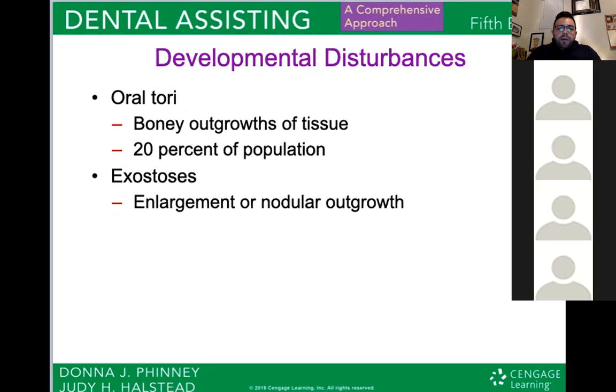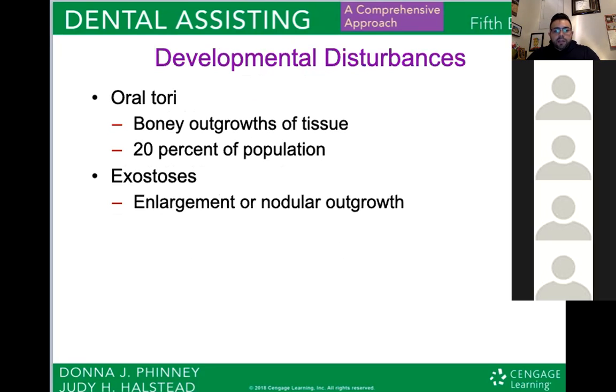Okay, so some other developmental disturbances include oral tori. These are just bony overgrowths of tissue, they are benign in nature, and occur in about 20% of the population.